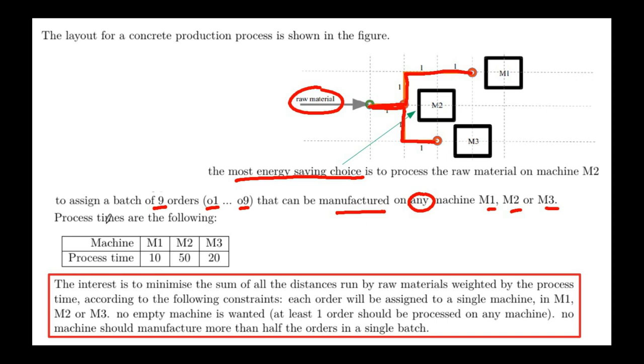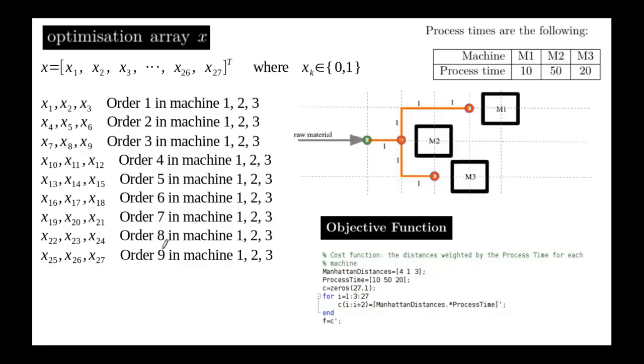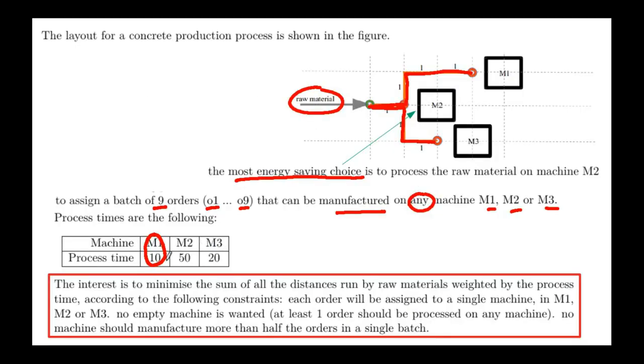But as you can see here on this table, the process times for every machine are so different from one another. Machine number 1 has a process time of 10 time units, while machine number 2 has a process time of 50 time units, and machine number 3, 20 time units.